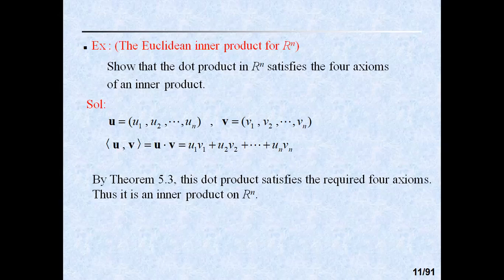So all the same properties are satisfied. In the previous lecture I already explained the dot product properties, and again I will recall all the properties. That's why the dot product satisfies all the required four axioms of the inner product, and it is an inner product in R to the power of n.